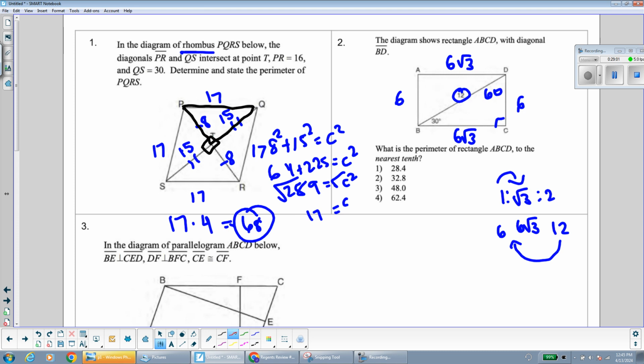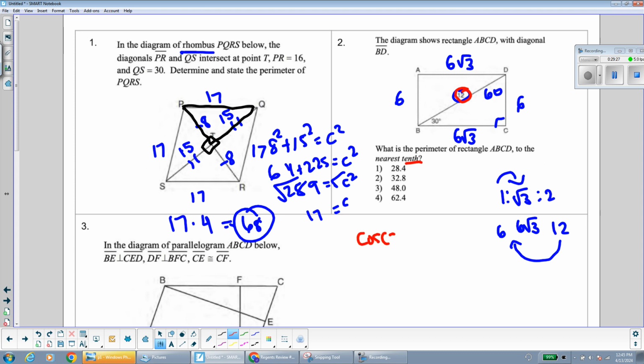Another option that you have in order to do this is, since it does say to round and it doesn't ask for an exact value, you could use a trig ratio because you do have a right triangle here. So if you decided to use a trig ratio, since you already had the 12, you might have chosen to use either sine, opposite over hypotenuse, or cosine, adjacent over hypotenuse.